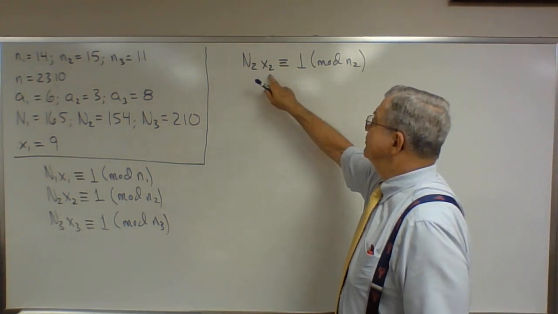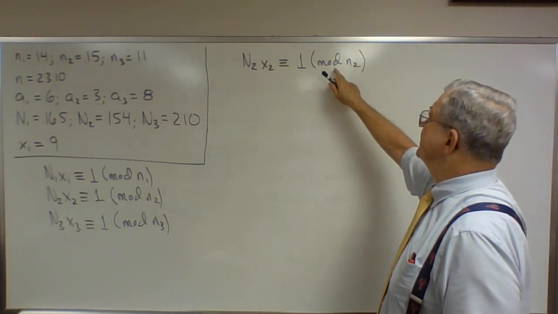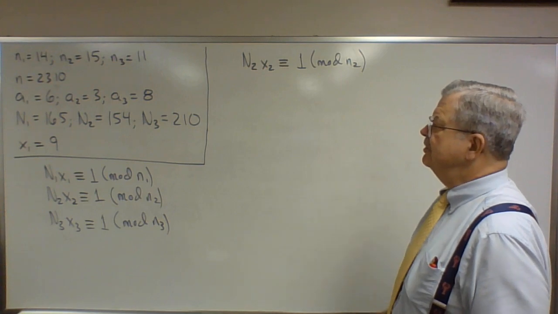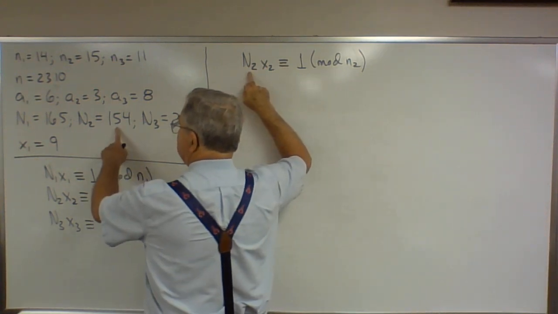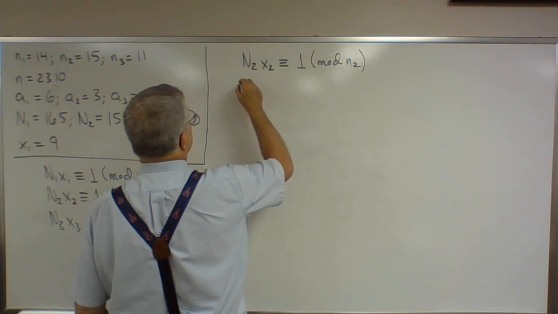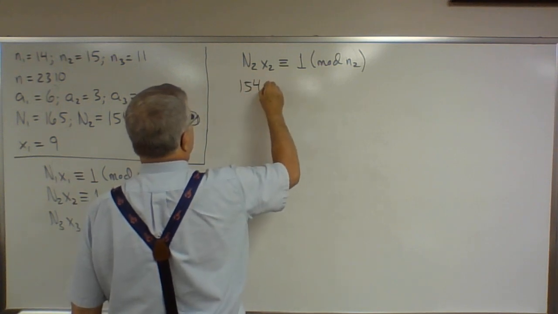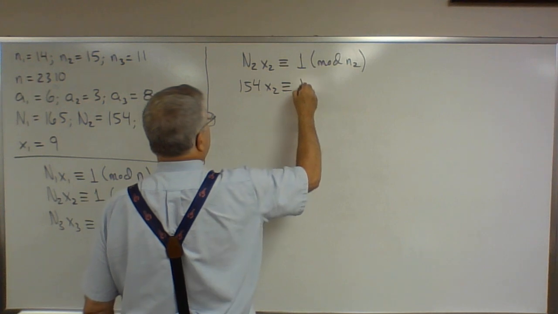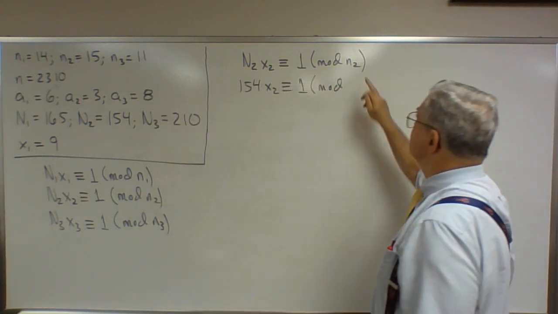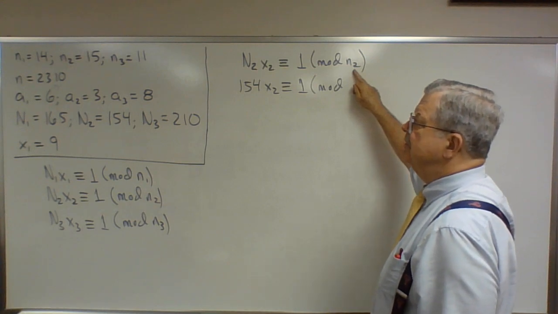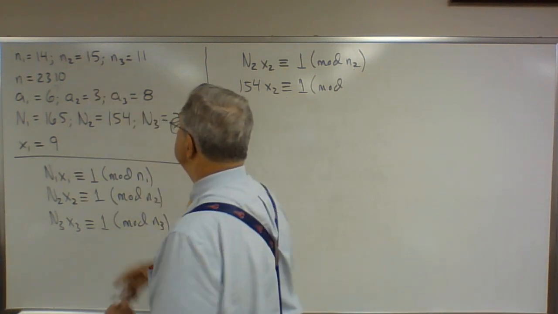N sub 2, x sub 2 congruent to 1 mod little n sub 2. Capital N sub 2, that is 154. And little n sub 2, that is 15.